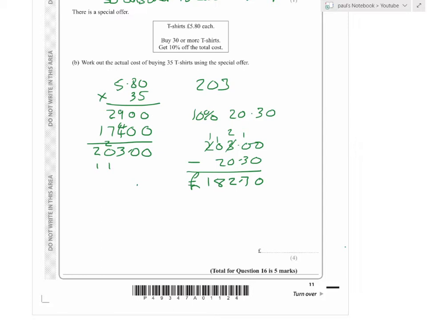Now they got 182.70. Actual cost of buying 35 t-shirts. So let's add 10%. 182. Oh yeah, that is right. What am I doing? 182, that is right.